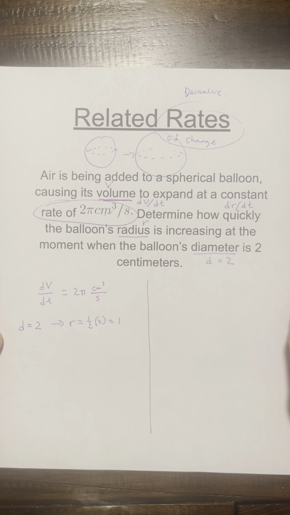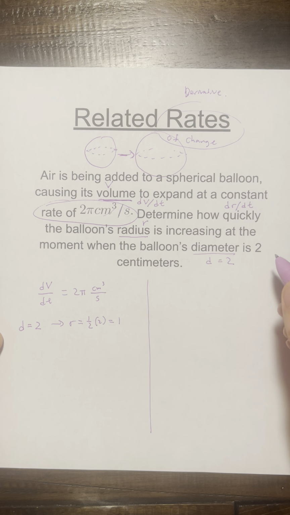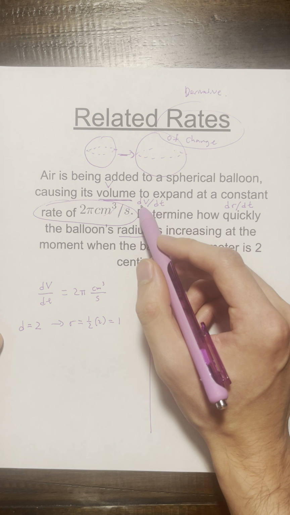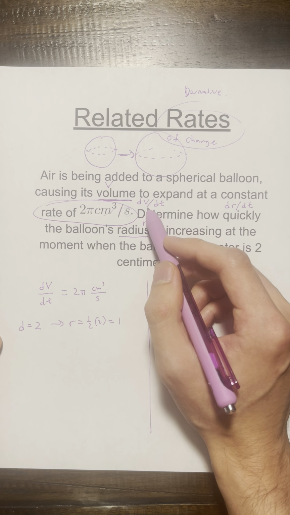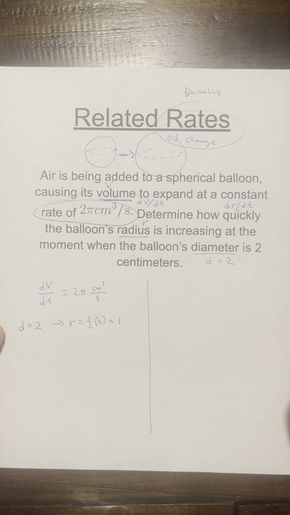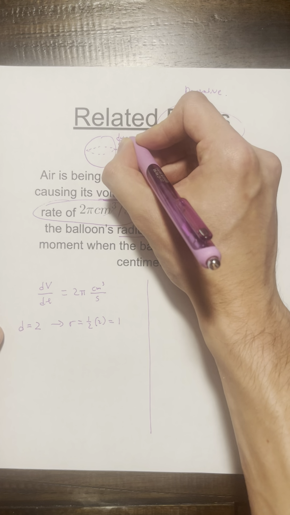Okay. At what rate is it getting bigger? Right here. dV, change in volume, with respect to time. So I'll just write it here. dV dt is equal to 2.